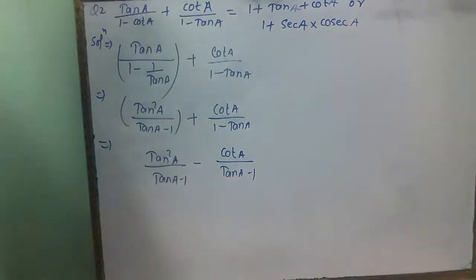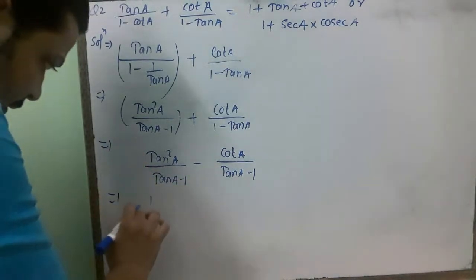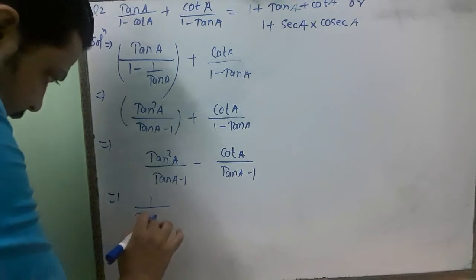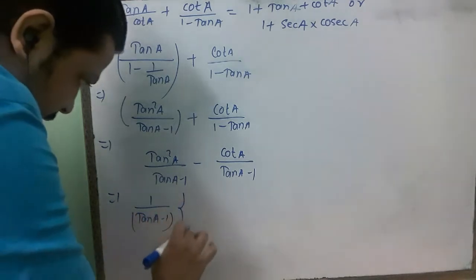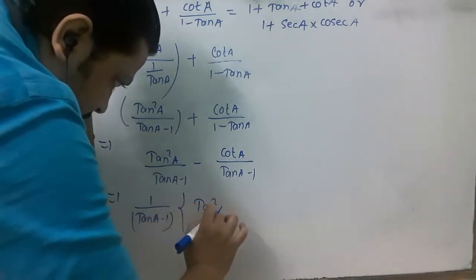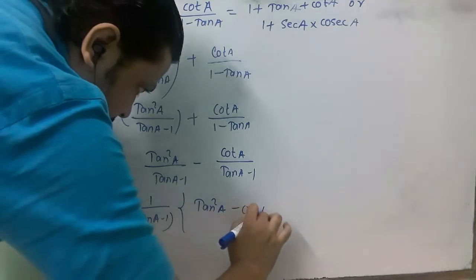Now both denominators are the same, so I will take 1 by tan A minus 1 common, so it will be tan square A minus cot square A.